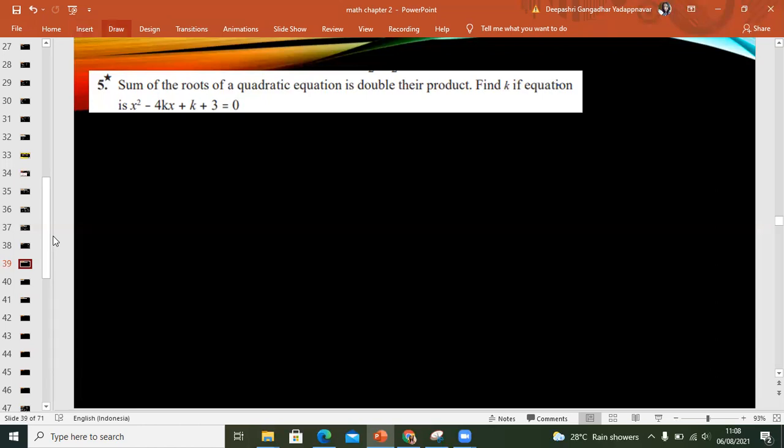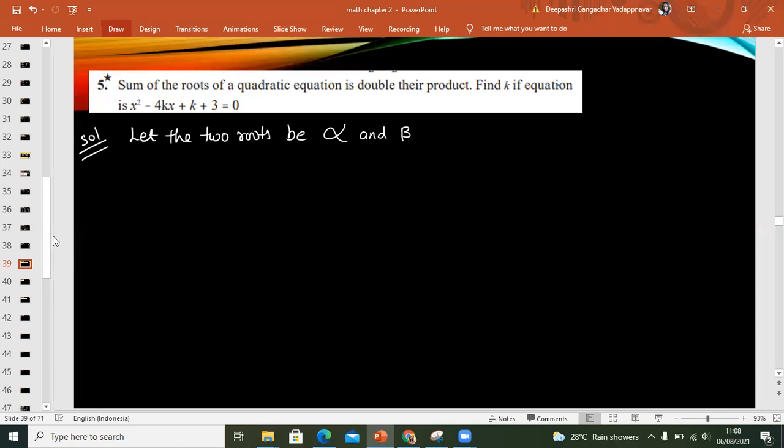Okay, so let's write sum of roots. Let the two roots be alpha and beta. So let us consider these two roots are alpha and beta. Right now we don't know the numbers of that, so we are considering it as alpha and beta.